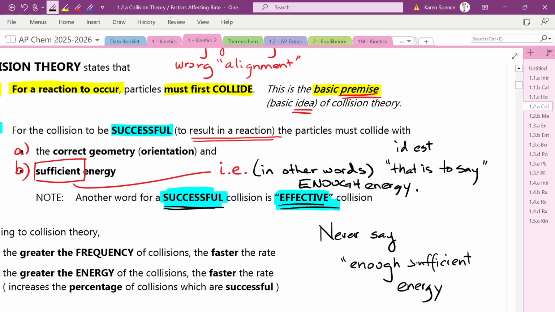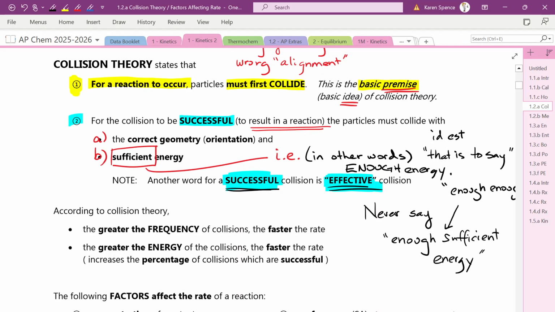I don't usually get this with my AP class, but every year I get someone in my class who uses the term "enough sufficient energy," as though sufficient energy were a type of energy, like kinetic energy or something like that. This is like saying enough energy. Okay, so don't do that.